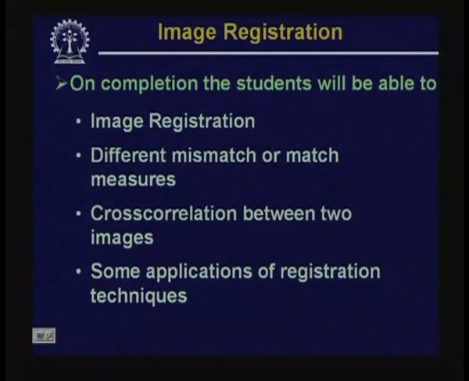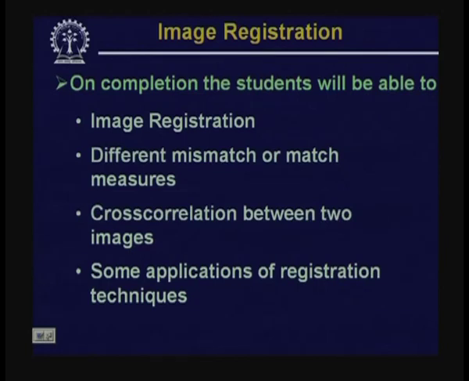So, in today's lecture, we will talk about the image registration techniques. We will see what image registration is. Then when we go for image registration, we have to think of the mismatch or match measures. So, we will talk about the different mismatch or match measures or similarity measures.